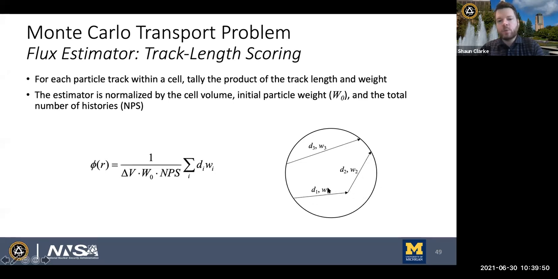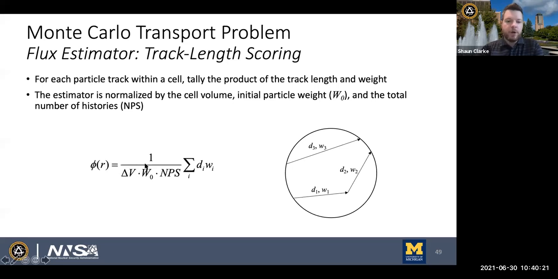And we also take note of the weight. Again, if the simulation's analog, W0 and WI will both be 1, so they essentially cancel. The track length flux estimator becomes a sum of all the track lengths for that history in the given cell, divided by the volume of that cell, and divided by the number of source particles. Track length has units of length, volume has units of cubic length, cubic centimeters.